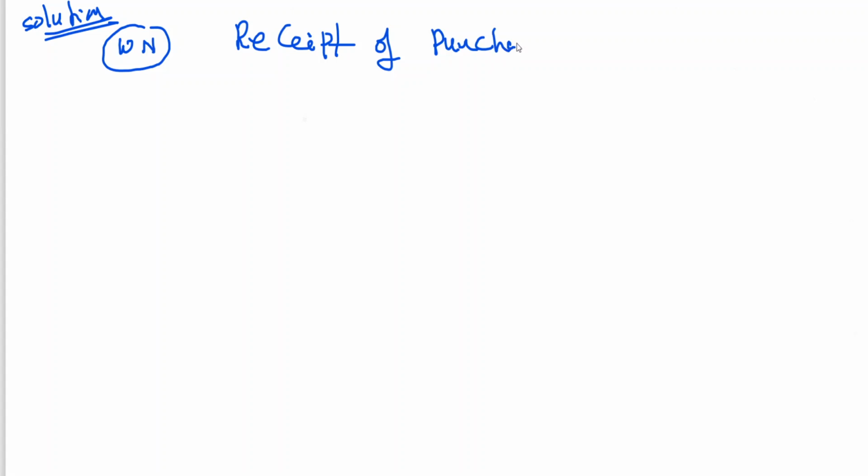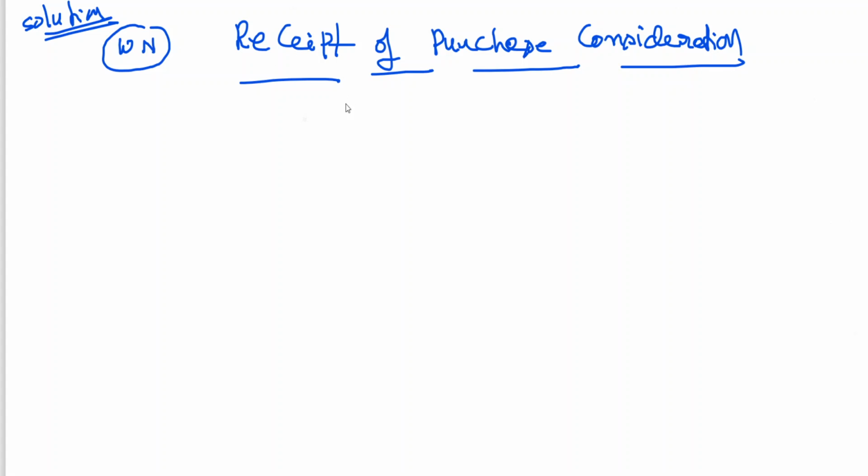Solution first. Let us start the solution for this. Receipt of purchase consideration. The total purchase consideration has been given in the problem itself, and how they are discharging the purchase consideration has also been given.